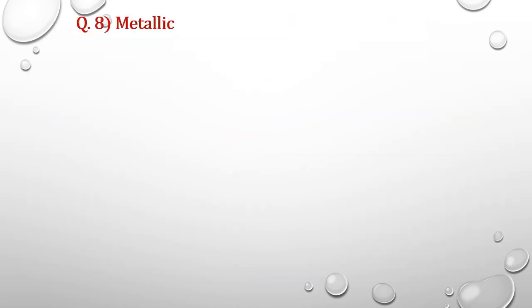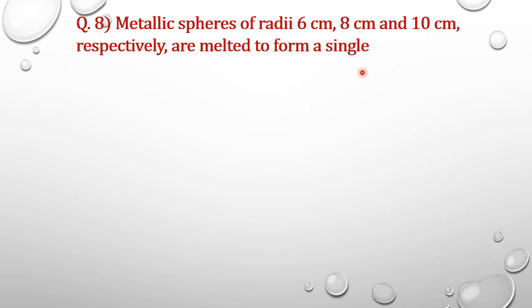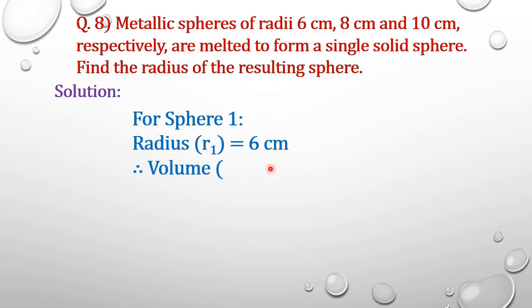Metallic spheres of radii 6 centimeter, 8 centimeter and 10 centimeter respectively are melted to form a single solid sphere. Find the radius of the resulting sphere. Solution. For sphere 1, radius r1 is equal to 6 centimeter. Therefore, volume V1 is equal to 4 by 3 into pi into r1 cube.